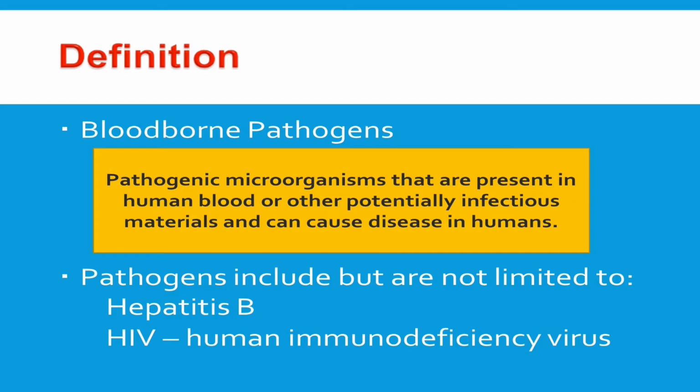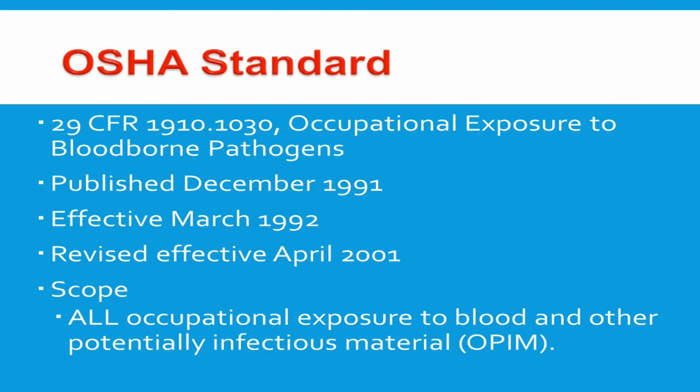If you're a child of the 80s like I am, typically you remember HIV and the AIDS issue that went on in the 80s. So that gives you a little bit of history of how this standard came to be.